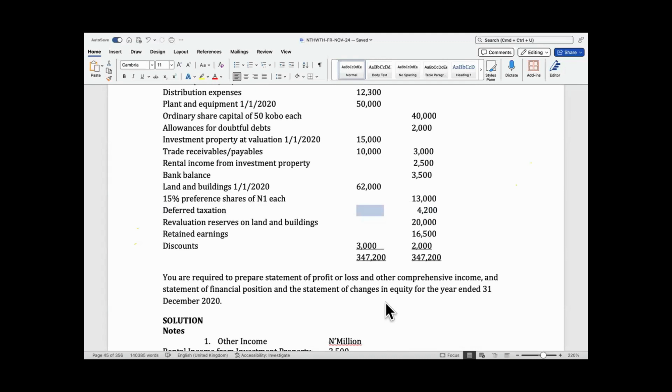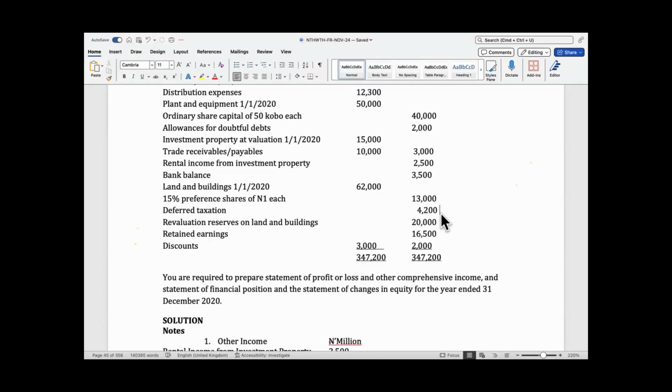To cut the long story short for today, this deferred tax is not a candidate for P&L. Any deferred tax you see in your trial balance is opening, except the examiner tells you otherwise. The closing deferred tax will always be given to you in the additional information.